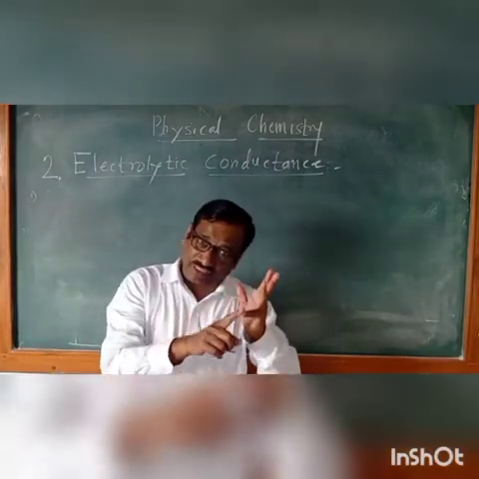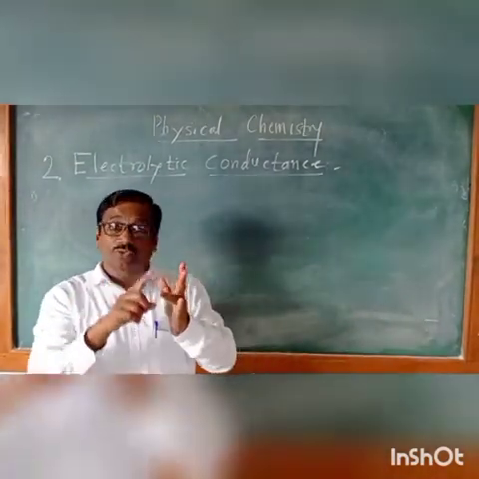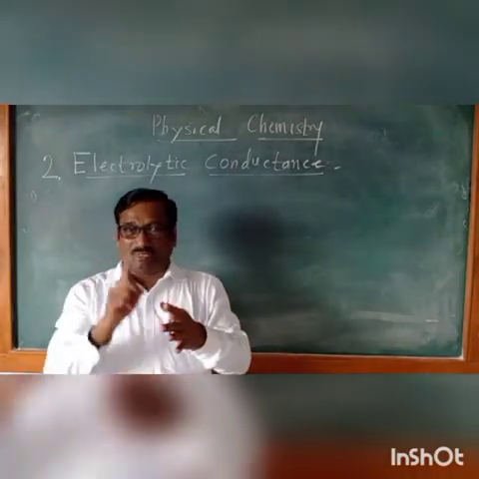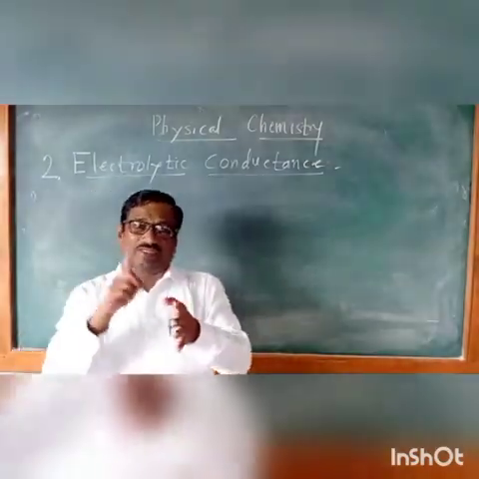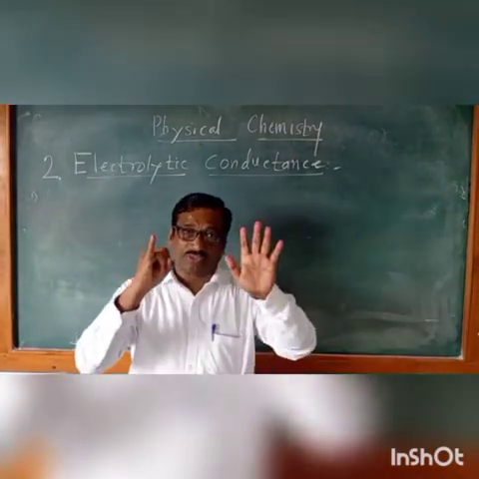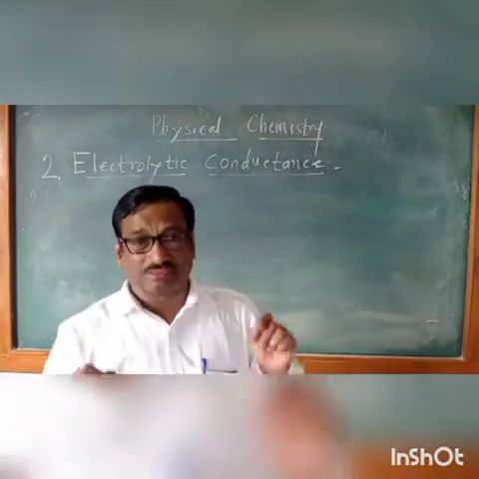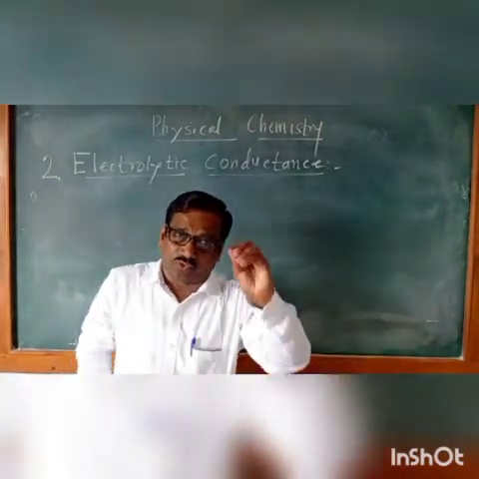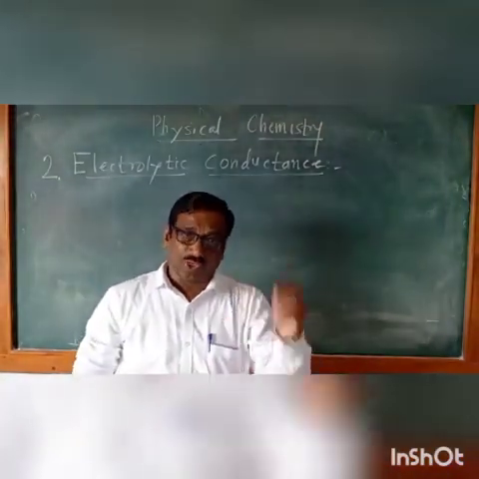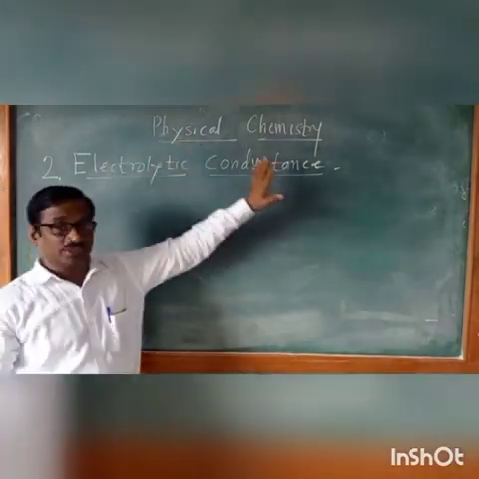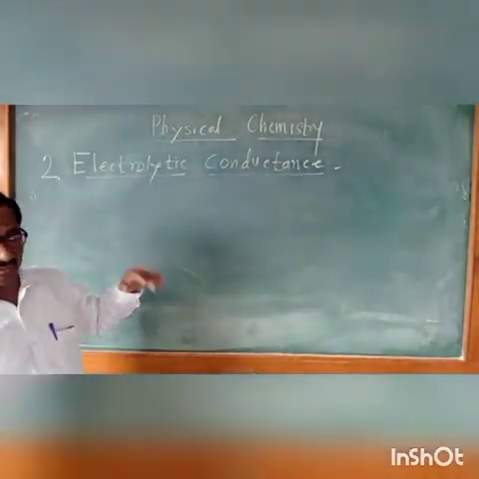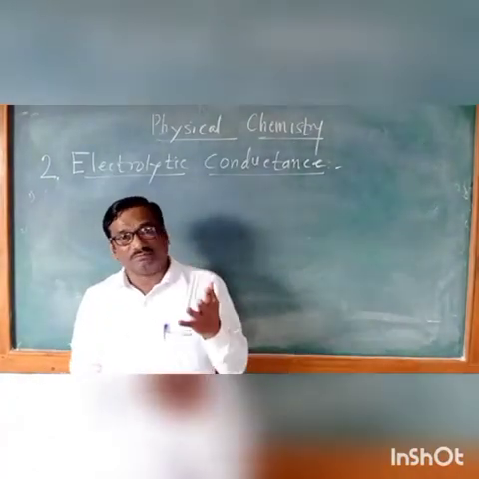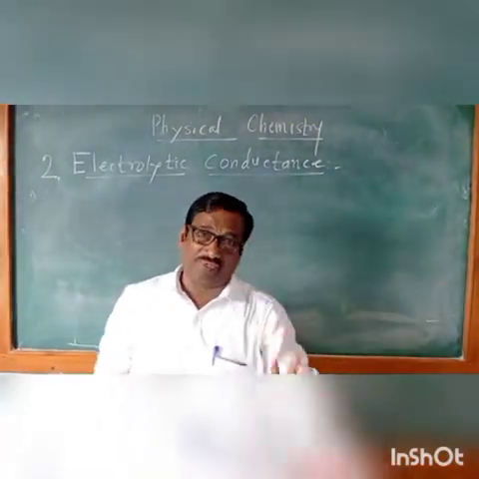First definition is conductance, then Ohm's law, then specific resistance, then specific conductance, then equivalent conductance, and then cell constant. These are the 6 definitions which are very important for you to understand this whole electrolytic conductance topic. So I am going to discuss these 6 definitions one by one.